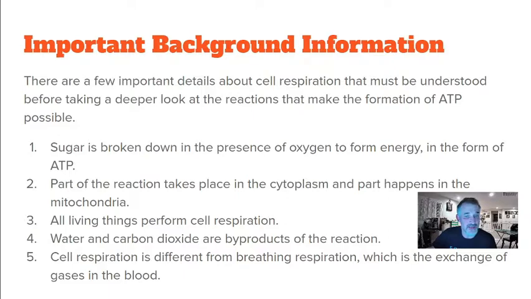Part of the reaction takes place in the cytoplasm, and the other part happens in the mitochondria. So you have one part happening before it gets into the mitochondria, and the second part happens inside the mitochondria. All living things perform cellular respiration. Water and carbon dioxide are byproducts of the reaction. Cellular respiration is different from breathing respiration, which is the exchange of gas in the blood.